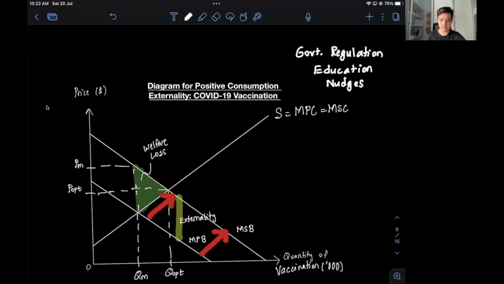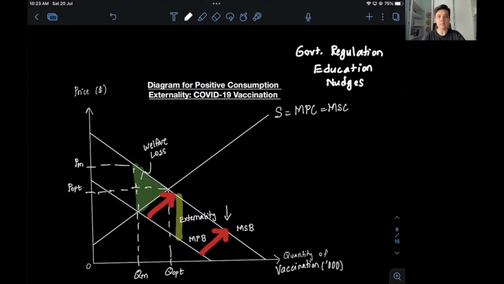So as a result, when more individuals go for these goods or services, the overall MPB curve will shift towards the right because more individuals receive more private benefits, and this in turn increases the MPB to overlap with the MSB. And this is why the demand curve shifts to the right.